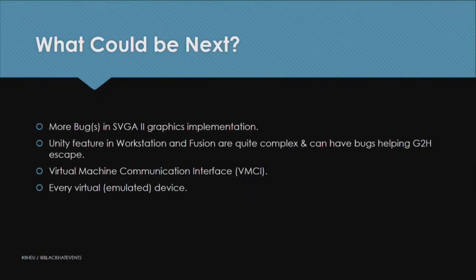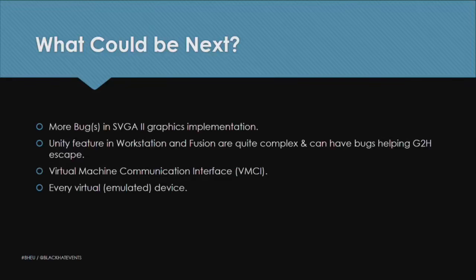So we have talked about three attack surfaces that we have seen attacked most by vulnerability researchers to perform guest-to-host escape attacks. But VMware is a very complex piece of software, and there are other components as well. So we predict that in future we may see some more bugs in the SVGA components, because there are many other shader assembly parsers. So we may see some more bugs in the SVGA 2 implementation.